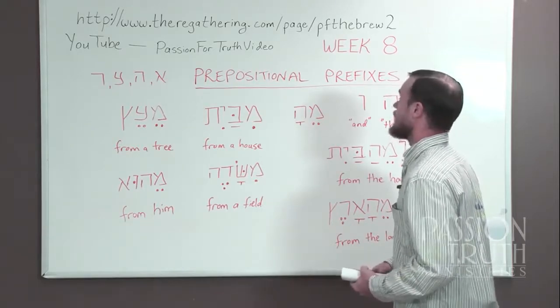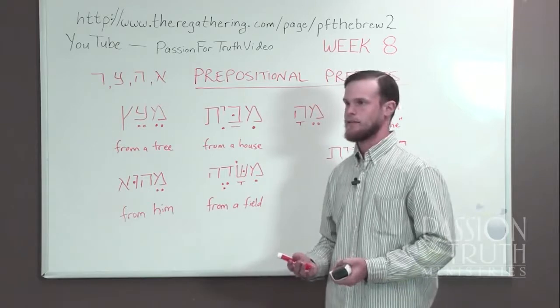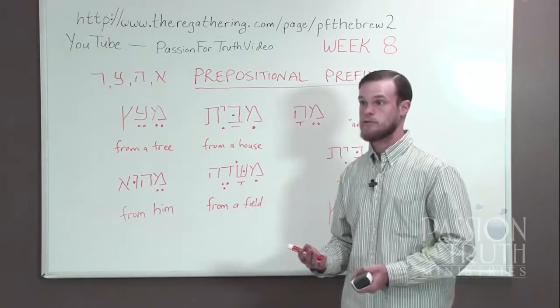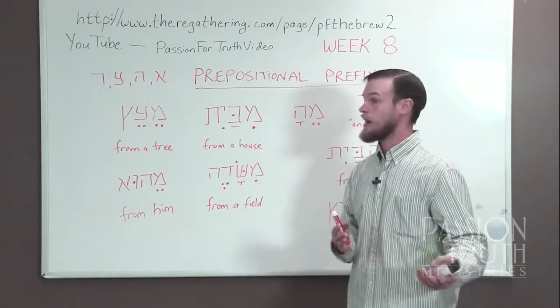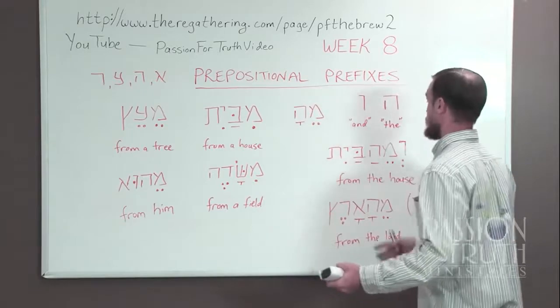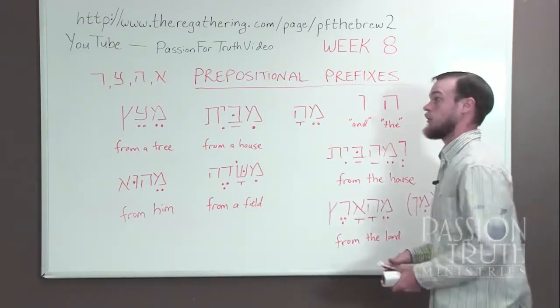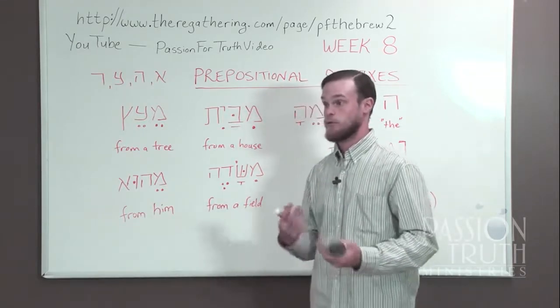But I hear from people all the time who start to learn a little bit of Hebrew, and they'll learn a few words, and then they'll start looking something up in a Strong's Concordance. The Strong's has words listed by root. It does not have words listed by every single possible combination of prefixes and suffixes, and believe me, there are many.